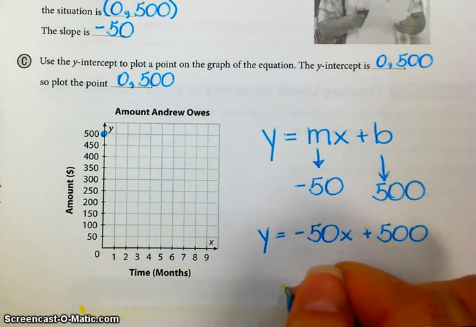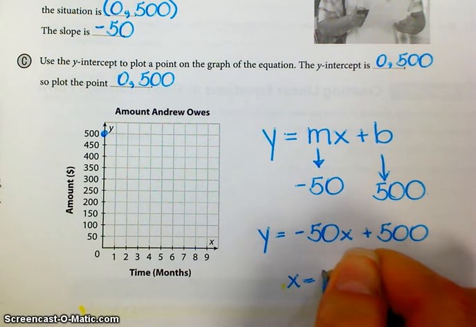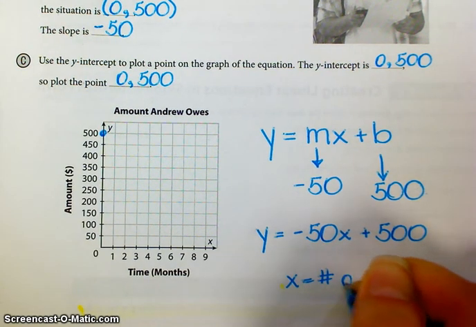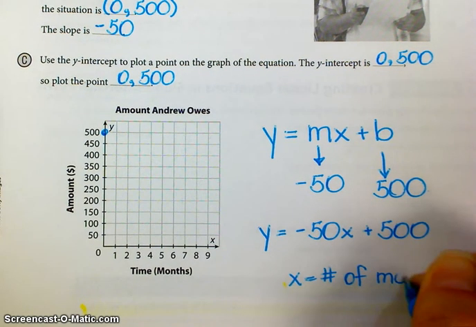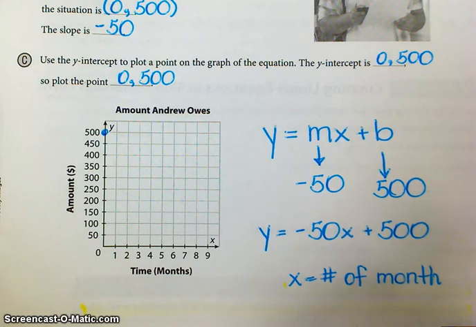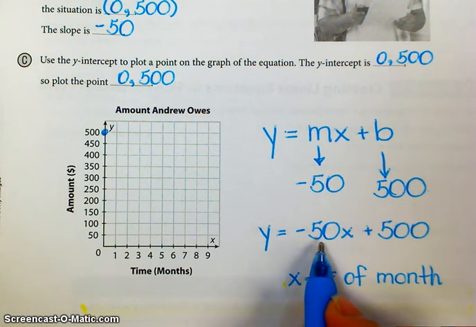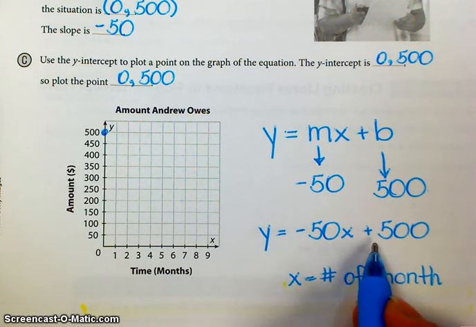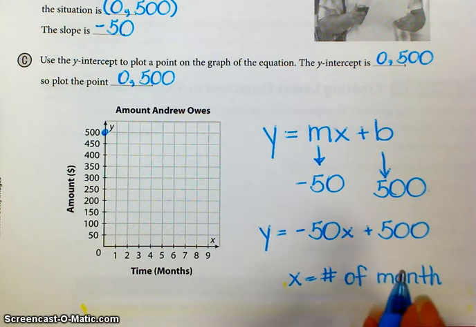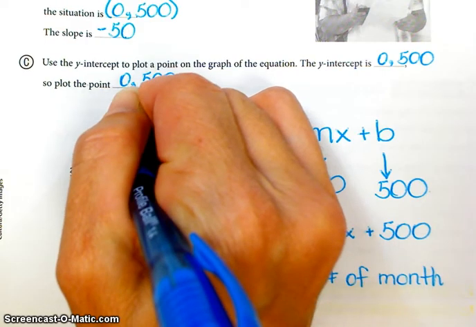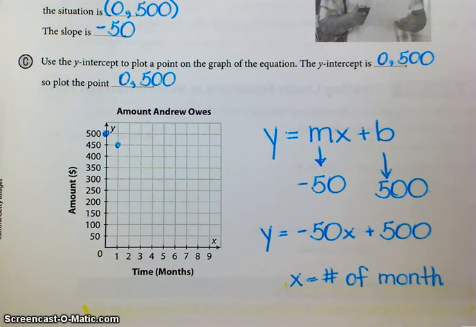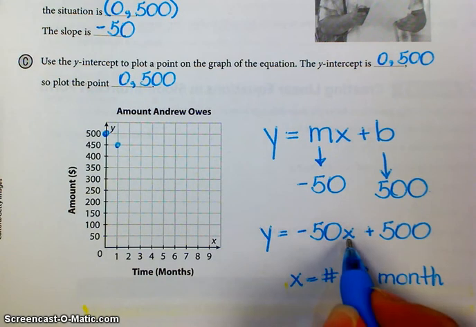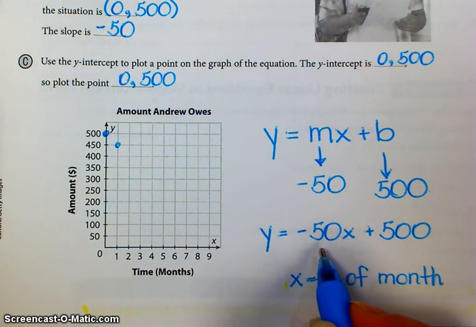Where, remember, x is the number of months. So after 1 month, 1 times negative 50 is negative 50, plus 500. So after 1 month, he's down to $450. And after 2 months, 2 times negative 50 is negative 100.